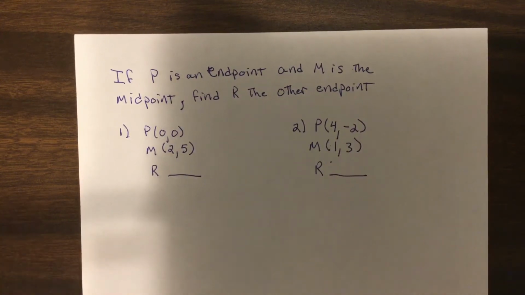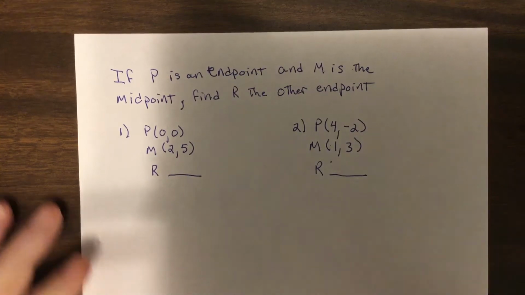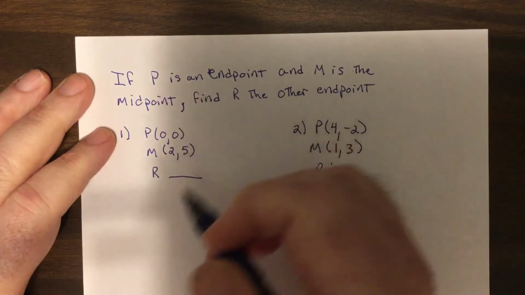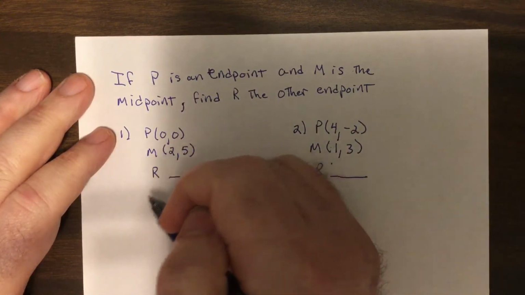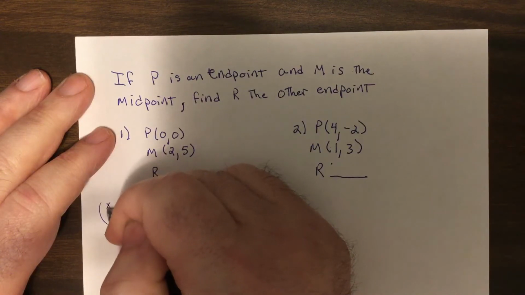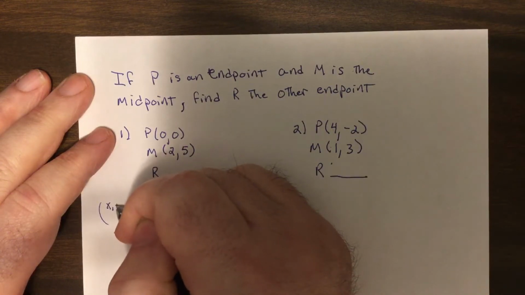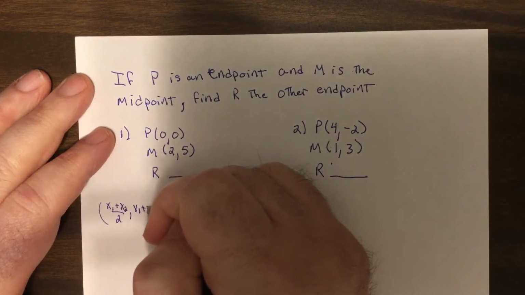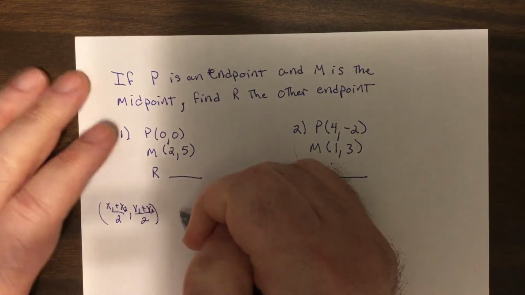Okay, there's a mathematical way of doing this and there's a thought way of doing this. So M is the midpoint, means it's right between. One way of doing this is saying, what is the midpoint formula? Well, it's x1 plus x2 over 2, y1 plus y2 over 2 equals the midpoint.